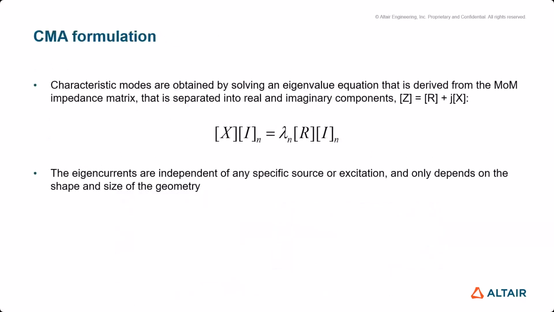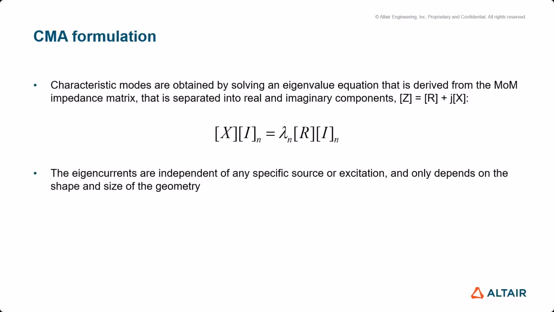The method itself: the characteristic modes are obtained by solving an eigenvalue equation that is derived from the method of moments impedance matrix. It's separated into the real and imaginary components, and the eigencurrents and the eigenvalues are extracted using this shape of the equation.